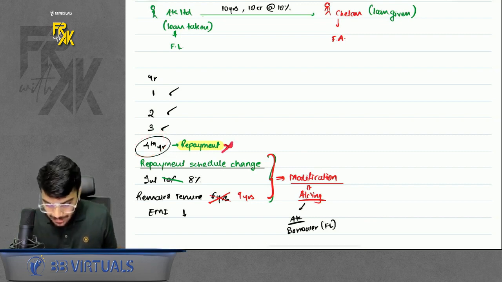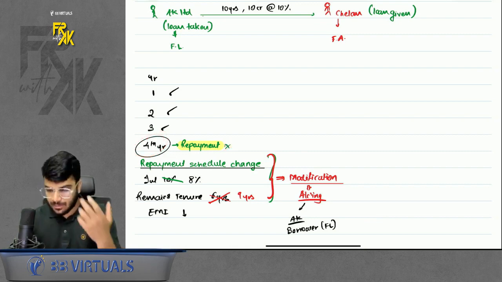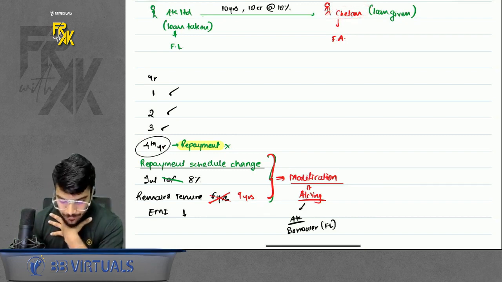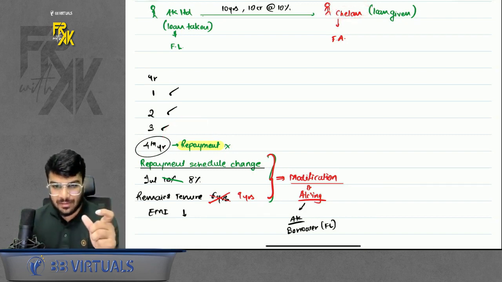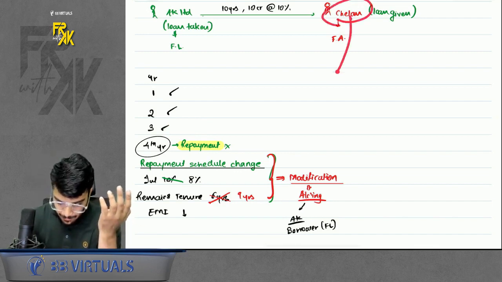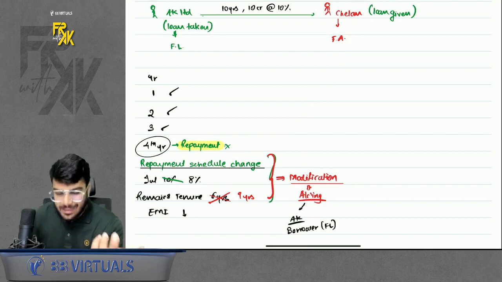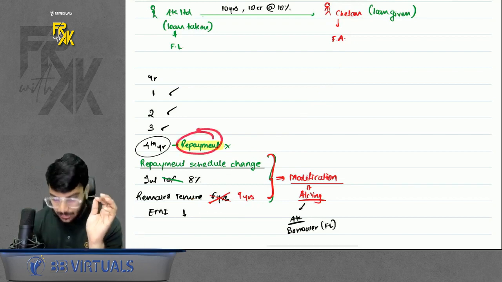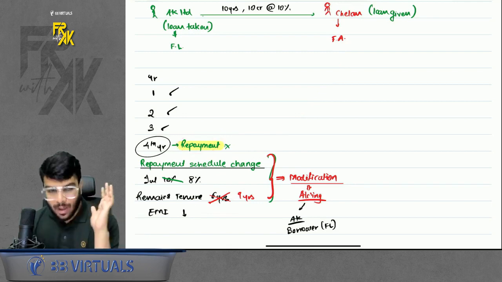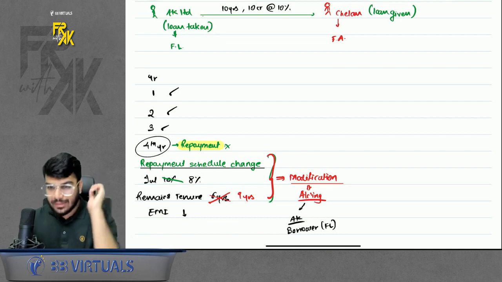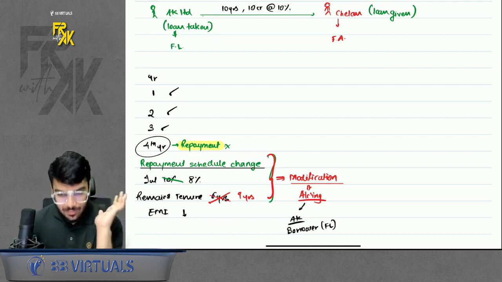So I request my dear Chetan that I'm really very sorry, I won't be able to make the repayment for this year, so please change the repayment schedule for me. Either Chetan will help me by reducing the interest rate, or by changing the tenure. That means the original terms are not holding true now because I have made a repayment default. In that case, we will apply modification accounting.